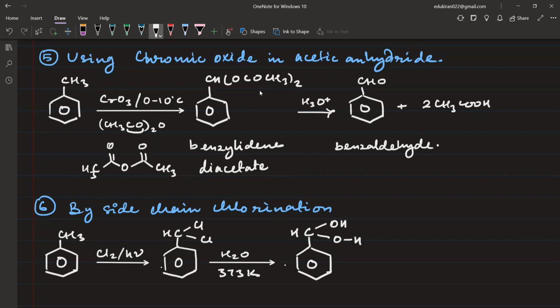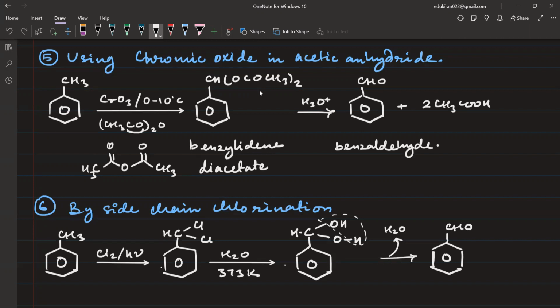Now, when a carbon atom is connected to two hydroxy groups, a gem diol situation, it is very unstable, and a water molecule leaves from here, and you are going to get CHO. And you are going to get benzaldehyde once again.